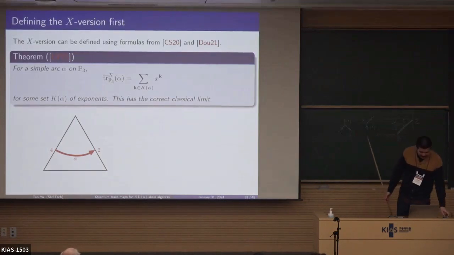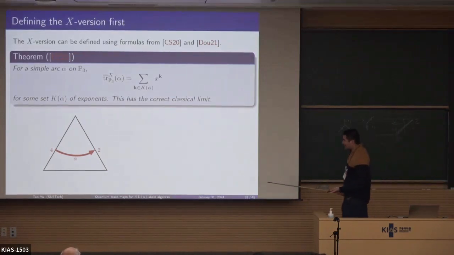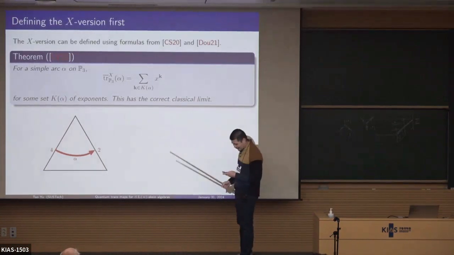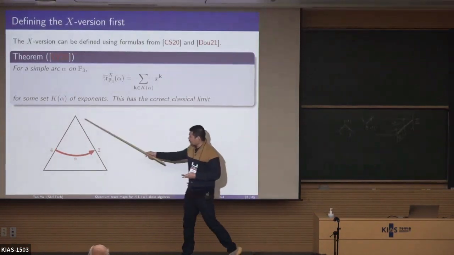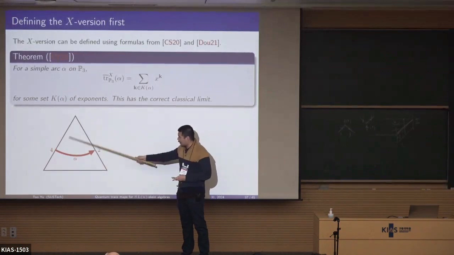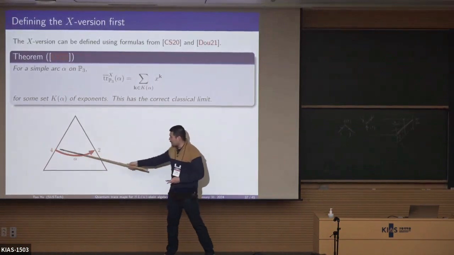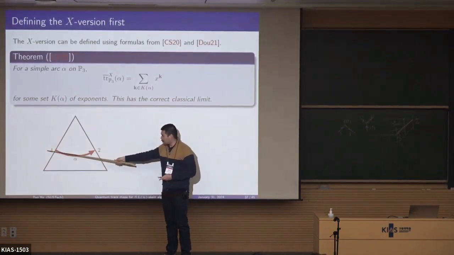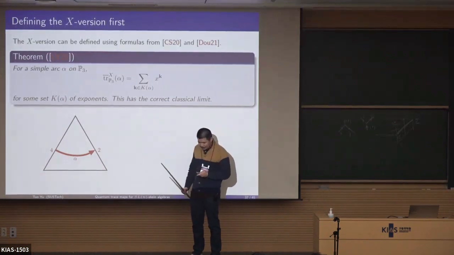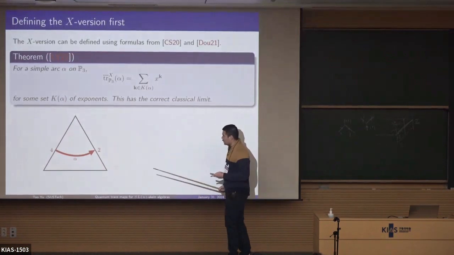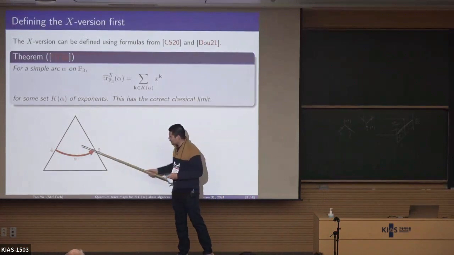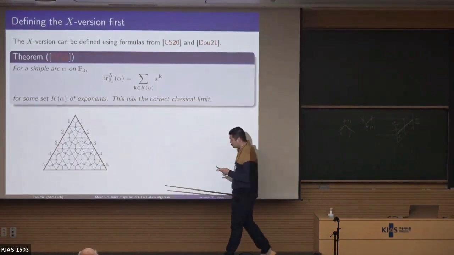And the result is that this actually works. I'm going to define this sum by an example. By rotation, I can put my arc in this fashion, and let's say my arc starts with state 4 here and ends with state 2 here. In particular, this one is actually not 0.